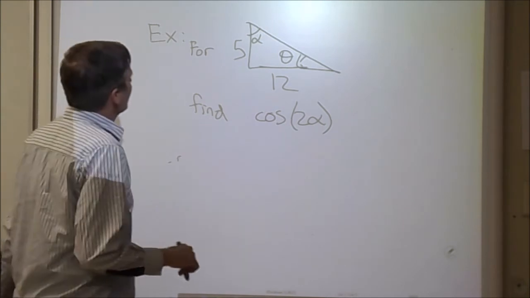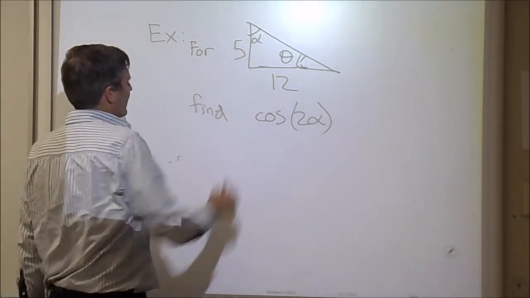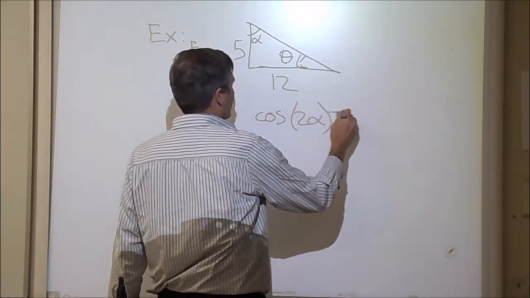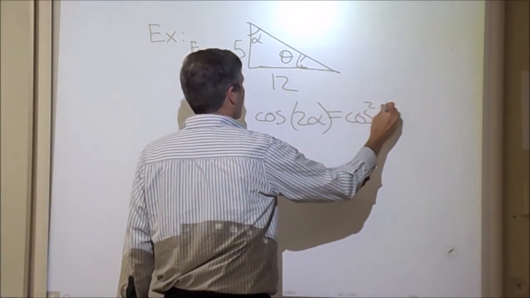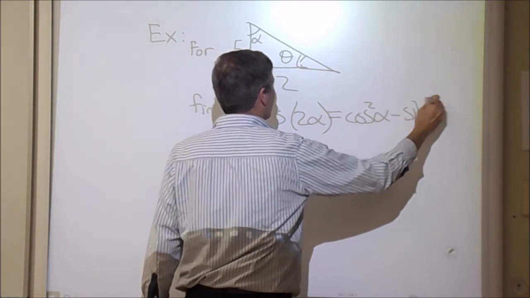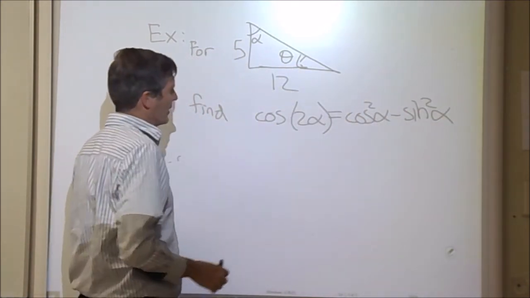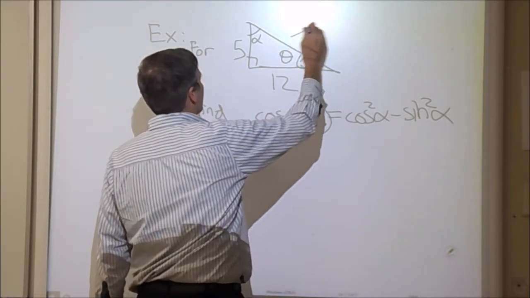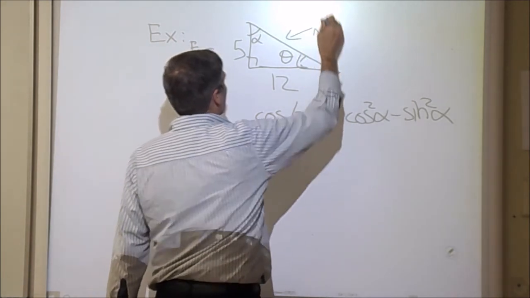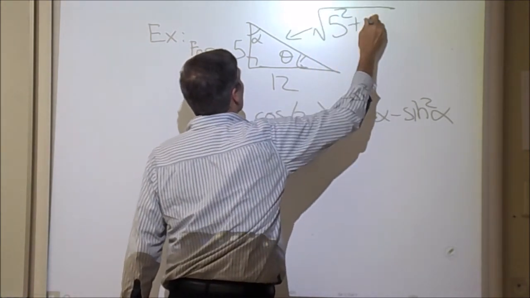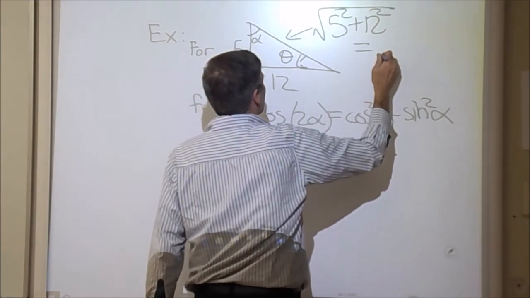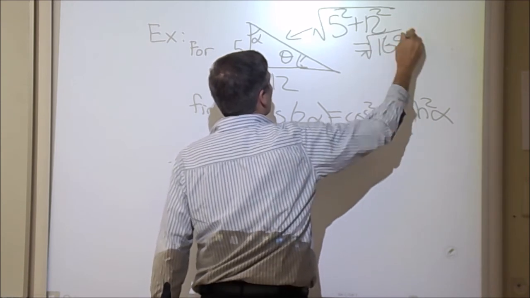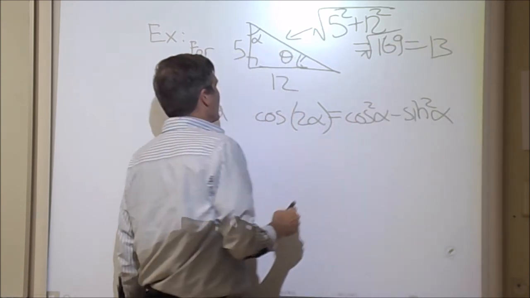Here's another one. Suppose I have this triangle and I have alpha sitting in here. What's the cosine of twice that angle? Well, we have a double angle formula that says this is cosine squared alpha minus sine squared alpha. So if I can just find sine and cosine out of that triangle, then I'm set. Well, I can, because with two sides of a right triangle, the last side, the hypotenuse, has to be the root sum square of the legs. This comes out to be the square root of 169, which is 13. So the last side is 13.